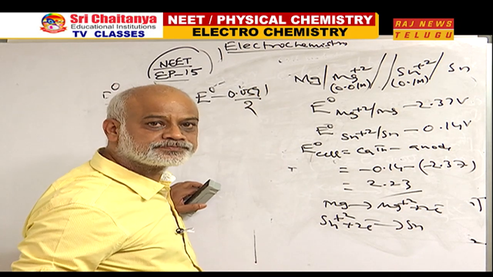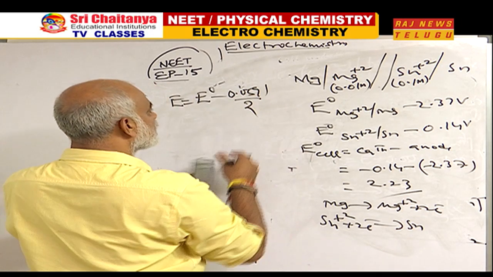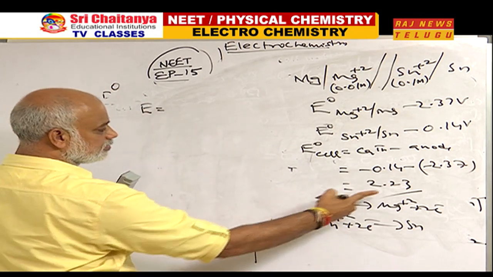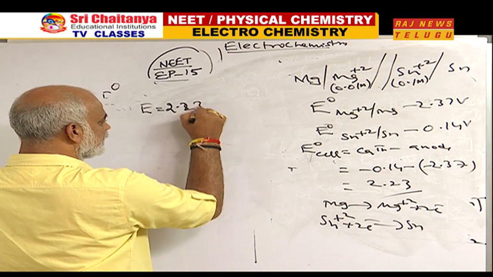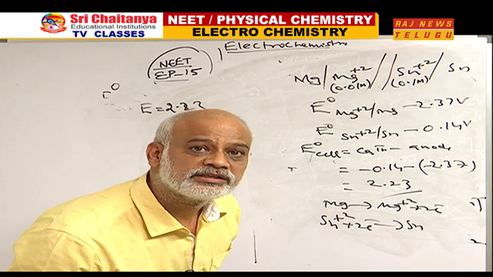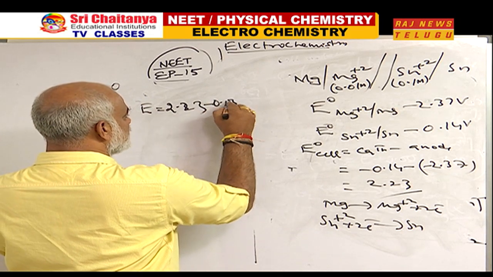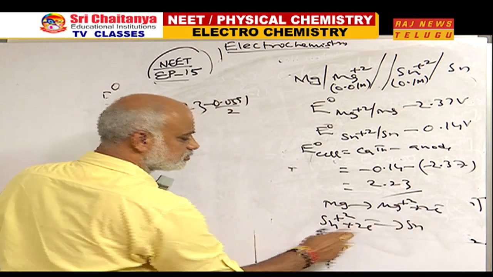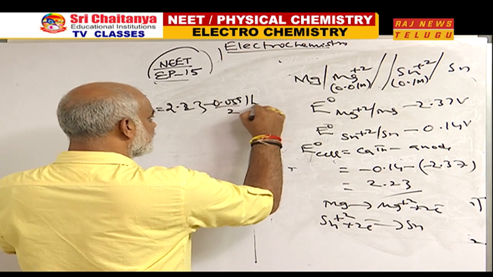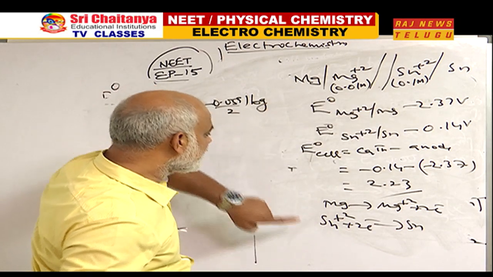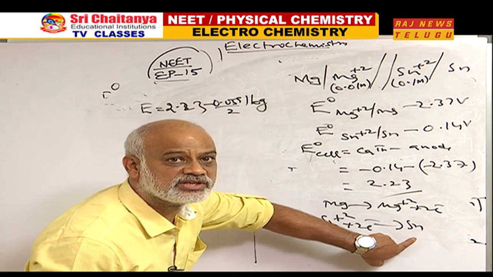So, minus 0.0591 by 2, logarithm of... E is equal to 2.23 minus 0.0591 by 2, as 2 electrons are participating, logarithm of products by reactants. What are the products? Mg plus 2, Sn.